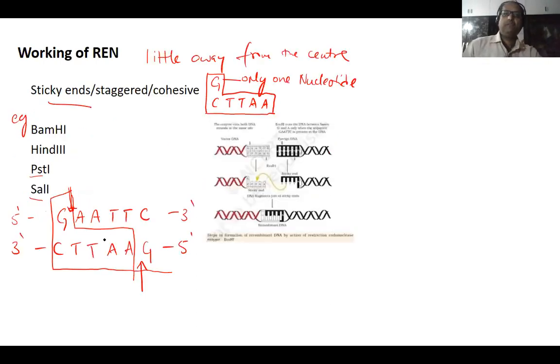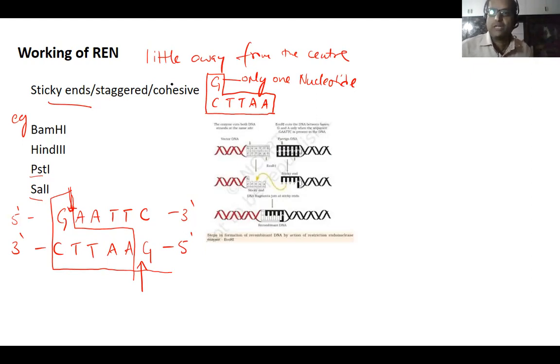Now, the working principle of restriction nucleases. We already said that they cut at a specific site, correct? Now we have to understand that it will cut a little away from the center of the palindromic sequences.